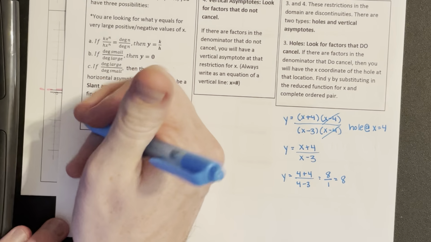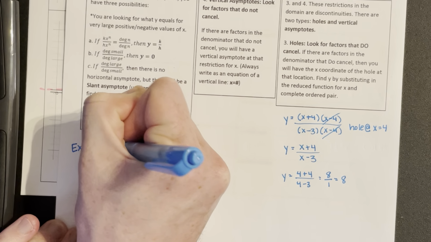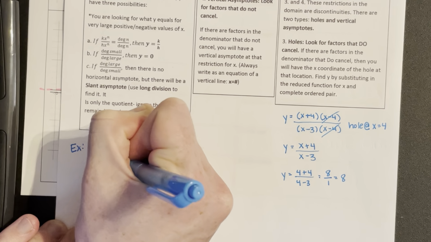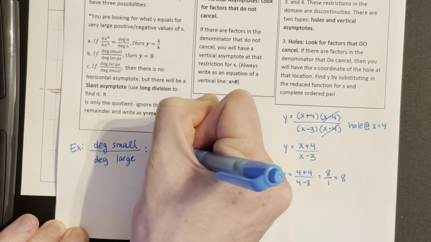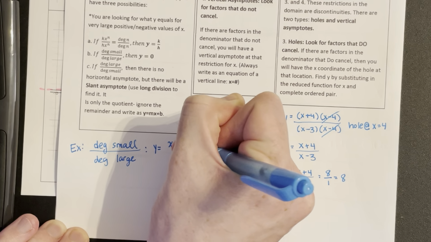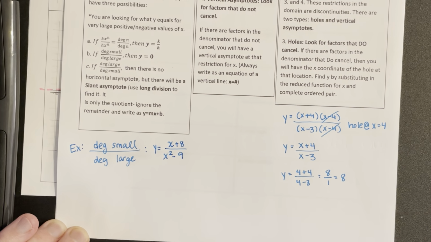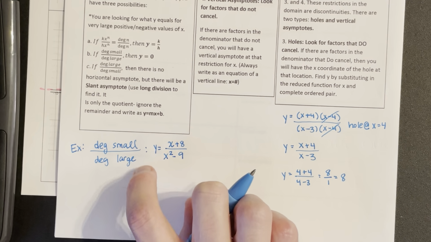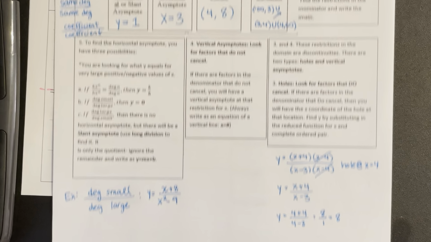So an example of a degree small over degree large would be something like y equals x plus 8 over x squared minus 9. The first one's degree 1, the bottom is degree 2. So there's small over large. If you flip that, you could see large over small.